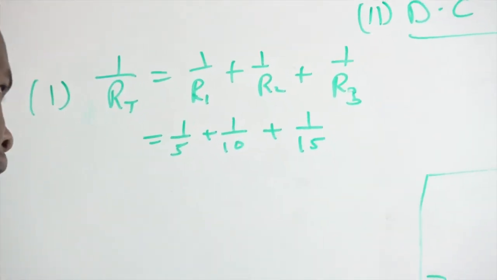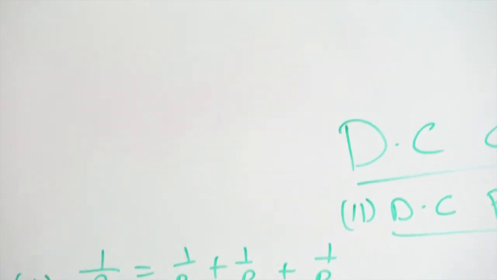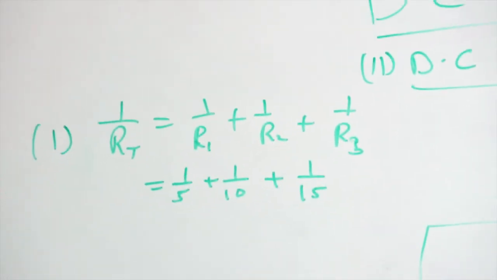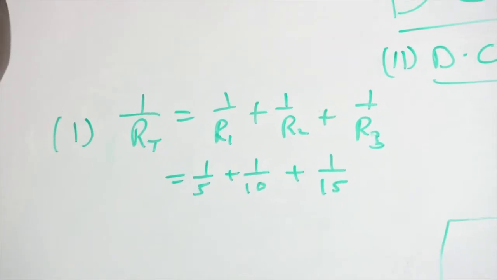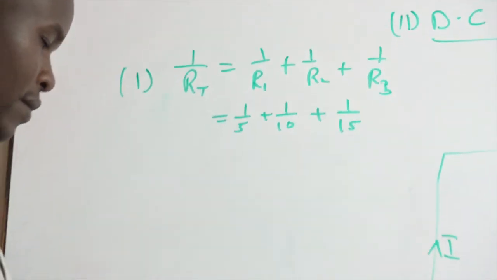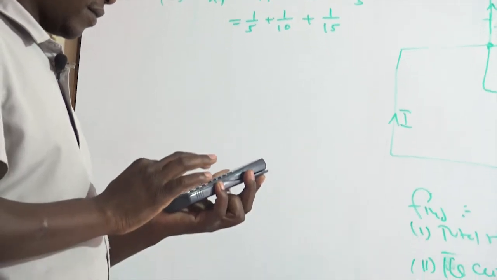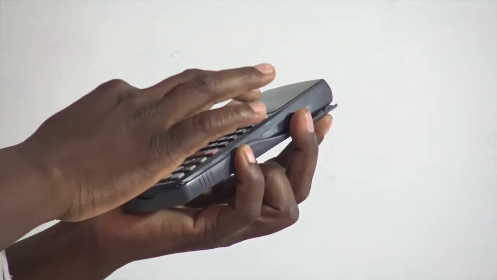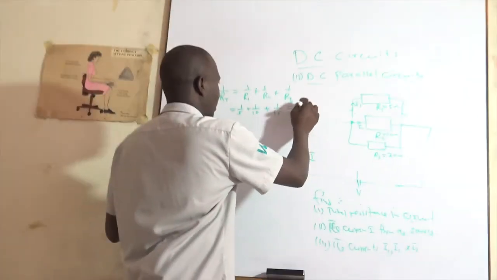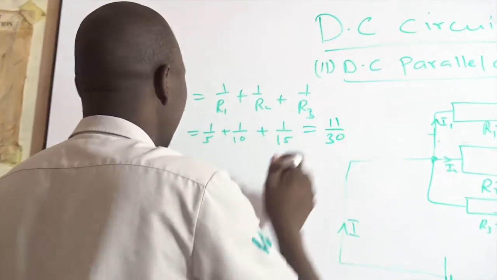If you calculate that, we will get 11 over 30.